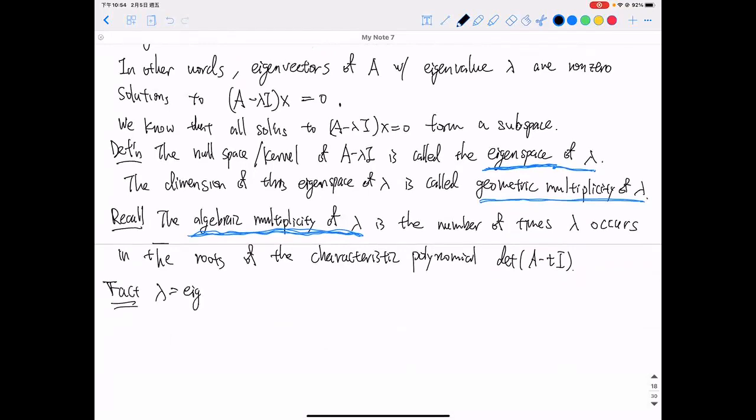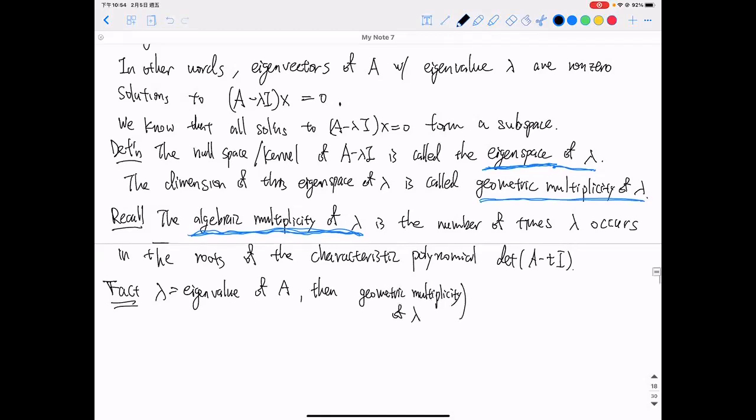There's a fact that's not hard to prove, but we will not really do it. Suppose lambda is an eigenvalue of A, then the geometric multiplicity of lambda is less than or equal to the algebraic multiplicity of lambda.